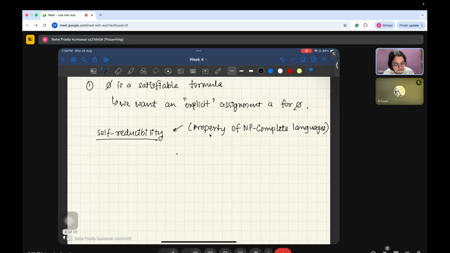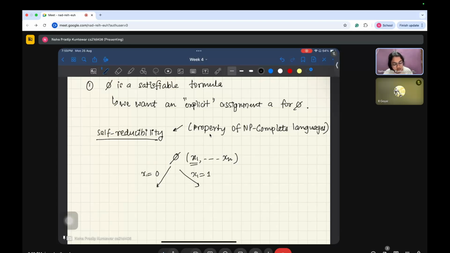For example, phi here is a formula on n variables. I'll ask what is the assignment for x1. It can either be 0 or 1. So let's say x1 equals 0 or x1 equals 1.